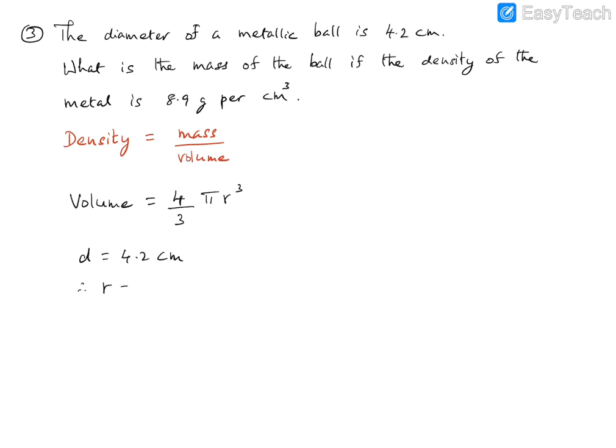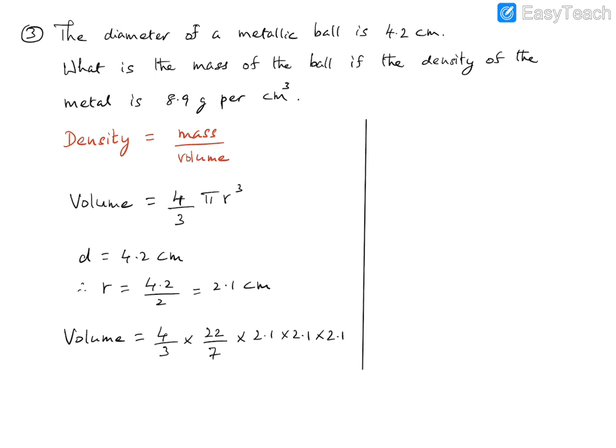Therefore the radius R is 4.2 divided by 2, which is 2.1 centimeters. So volume is 4 over 3 into 22 over 7 into 2.1 into 2.1 into 2.1.